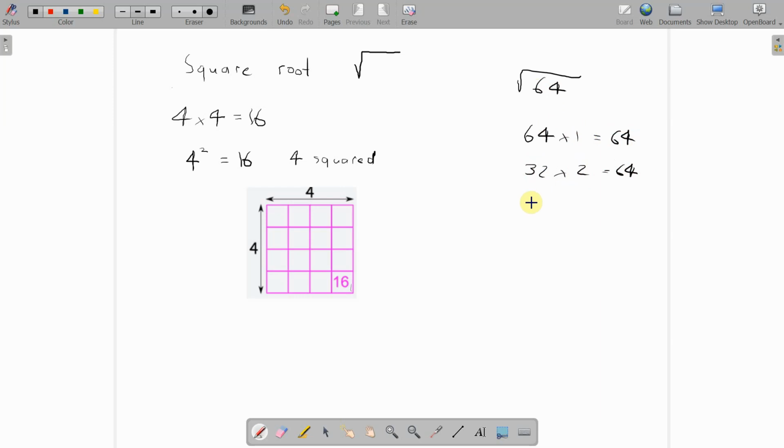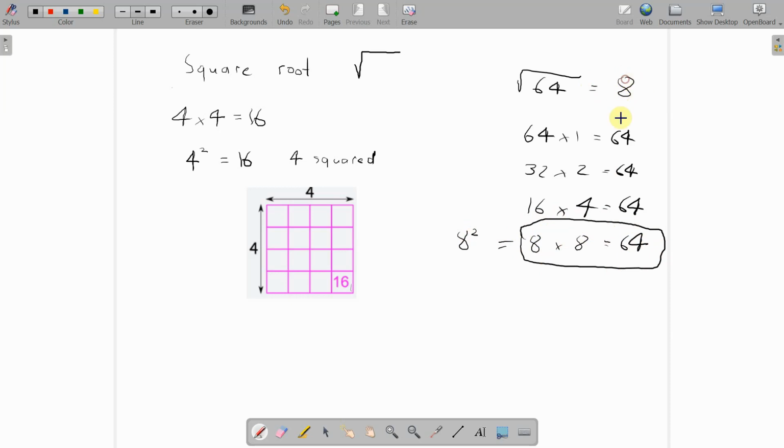Can we do 3? No. Can we do 4? Yes, we can. 16 times 4 equals 64. Can we go another one? Yes. We can go to 8. 8 times 8 equals 64. And 8 times 8 is also equal to 8 to the power of 2, or 8 squared. So there's our answer. 8 is the square root of 64, because 8 times 8 is 64.